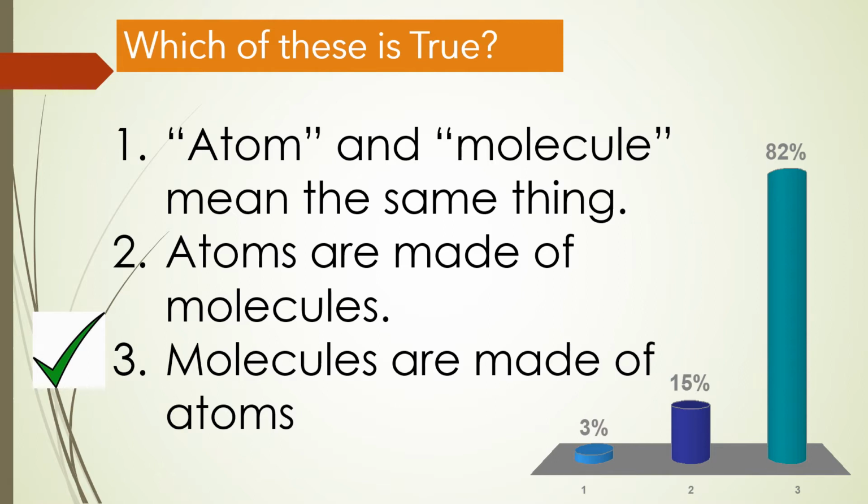Okay, so which of this is true? Atom and molecule mean the same thing. Second, atoms are made of molecules. And the third one is molecules are made of atoms. Okay, the correct one is number 3, which is molecules are made of atoms.